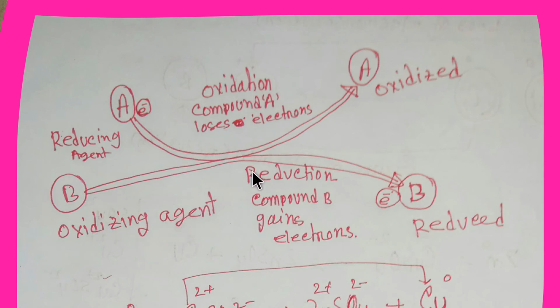The oxidizing agent after gaining electron will be reduced, right? So here is a reduction, because in this reaction electron gaining is happening, right?